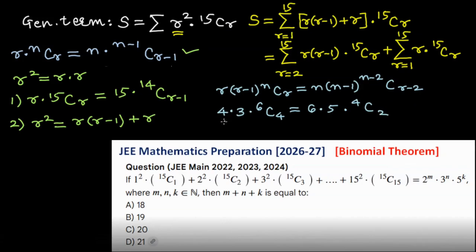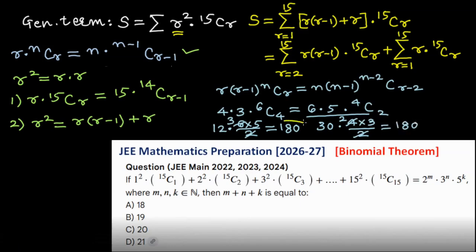Now this is 4 threes are 12 and 6C4 is 6C2. 6 into 5 upon 2 gives 15, 12 times 15 is 180, and this right hand side becomes 6 fives are 30 into 4 into 3 upon 2. 2 twos are 4. This also is 180. So both left hand side and right hand side being the same, this property is also verified.